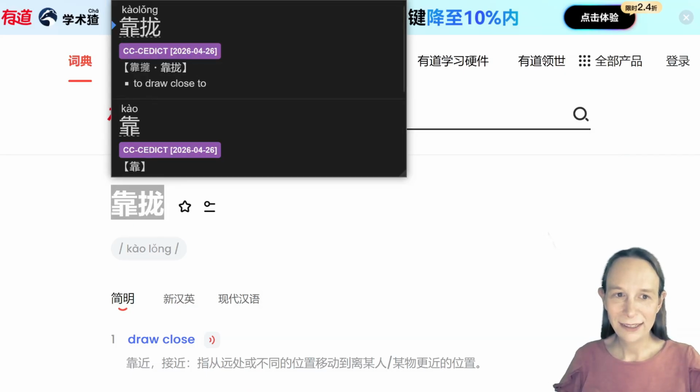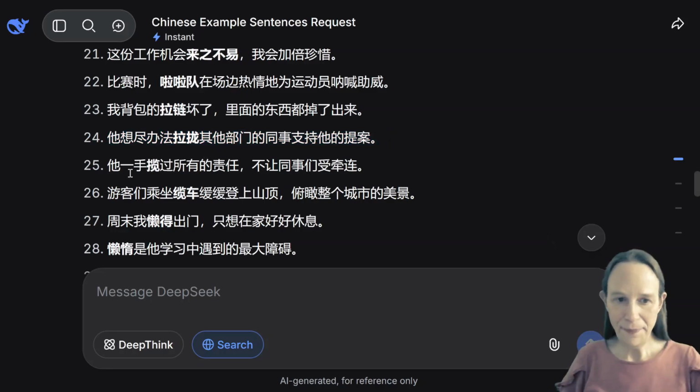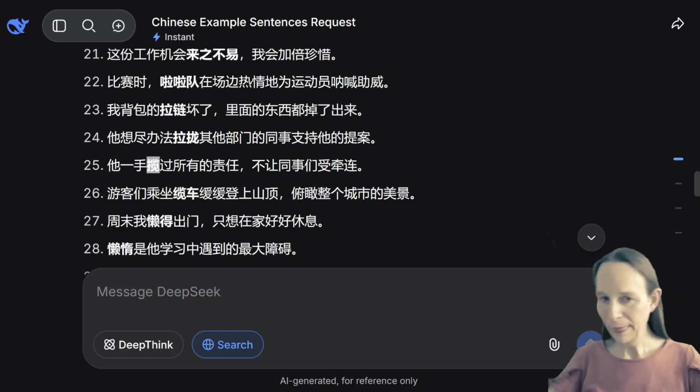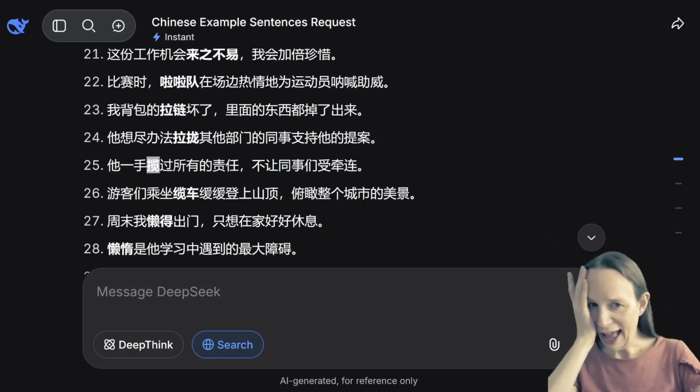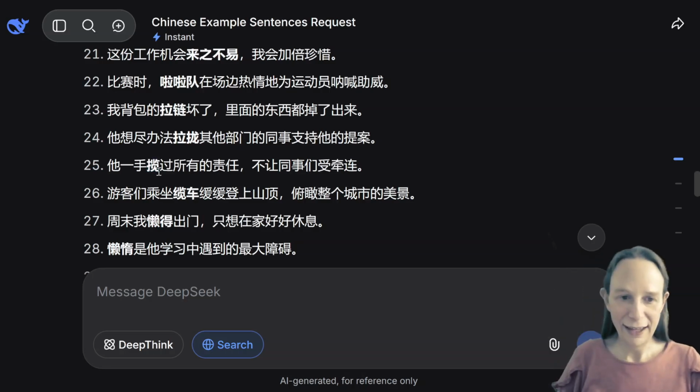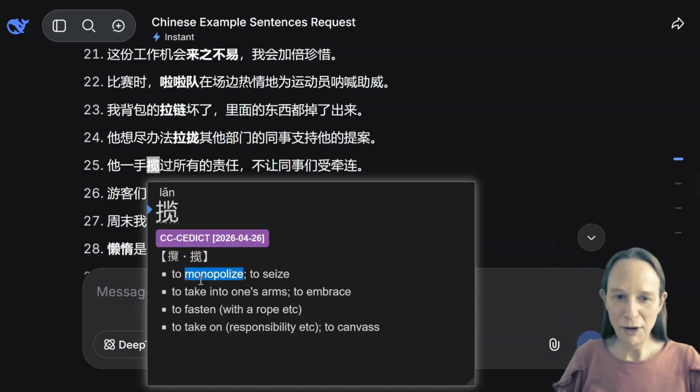Alright. 他一手揽过所有的责任，不让同事们受牵连。I don't know what this means, but 揽过. So 揽, I believe this 揽 means you're doing all the work yourself. Monopolize, but not necessarily a bad thing.